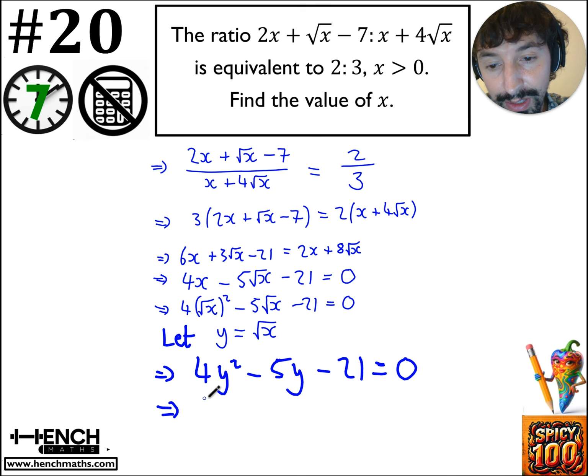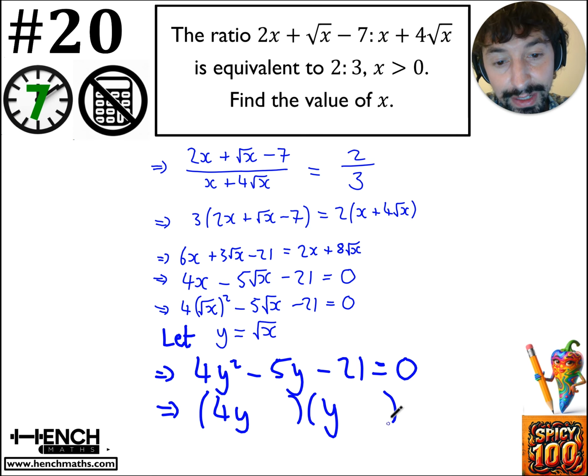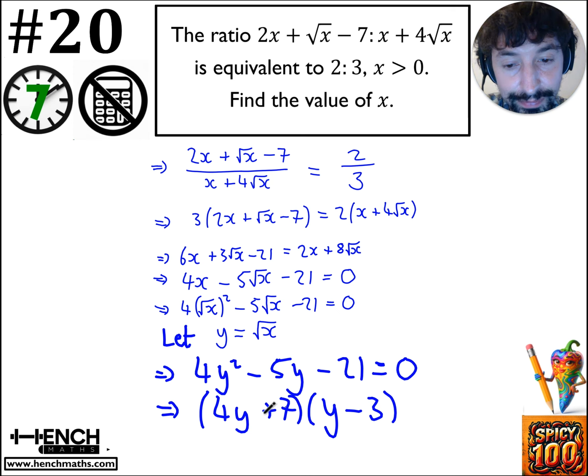Now that might seem a bit confusing to you, but once I put it into brackets, so if I had 4y in one bracket and y in the other bracket, and then because I said 4 times 3, if I did 4 times negative 3, so I put that in the opposite bracket to the 4y, and then if I put plus 7 here, that will give us 4y squared, subtract 12y, plus 7y, which will give the negative 5, and then we'll get the negative 21.